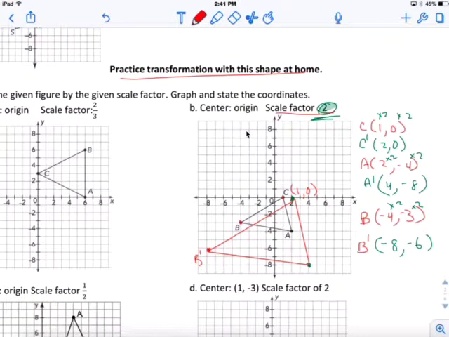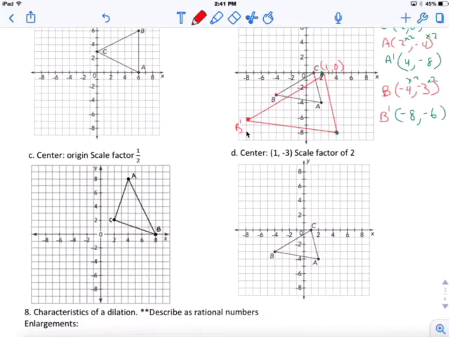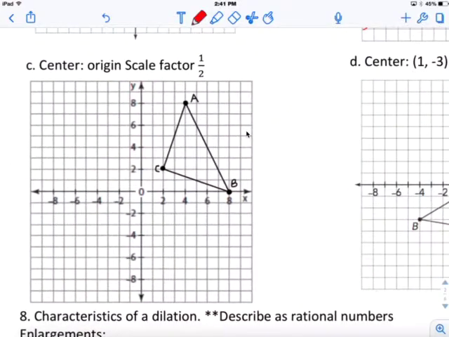They are similar triangles. Okay, this is a scale factor of a half. You take the ordered pair. This is a reduction because it's between 0 and 1. A is 4 and 8.